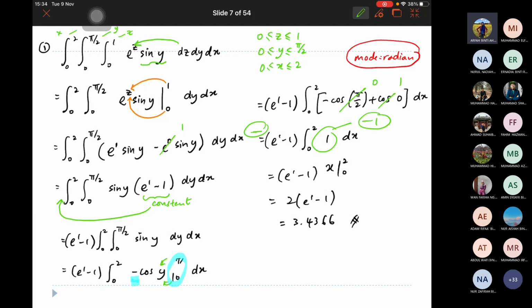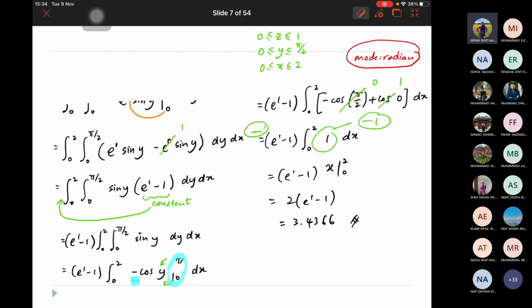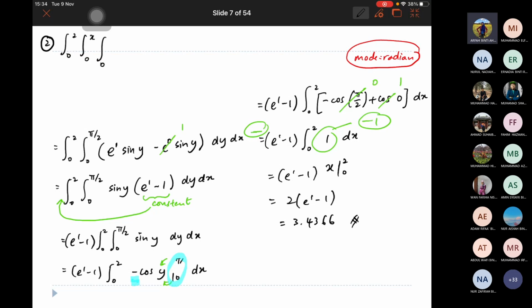Those who have finished, try the second one. Yang second ni, awak akan gantikan persamaan limit dia ada dalam sebutan X, Y dan juga Z. Okay. So soalan kedua yang dah sudah, boleh try the second one. Integrate 0 sampai 2, 0 sampai X, 0 sampai X tambah Y, X, Y, Z, okay, dz, dy, dx.